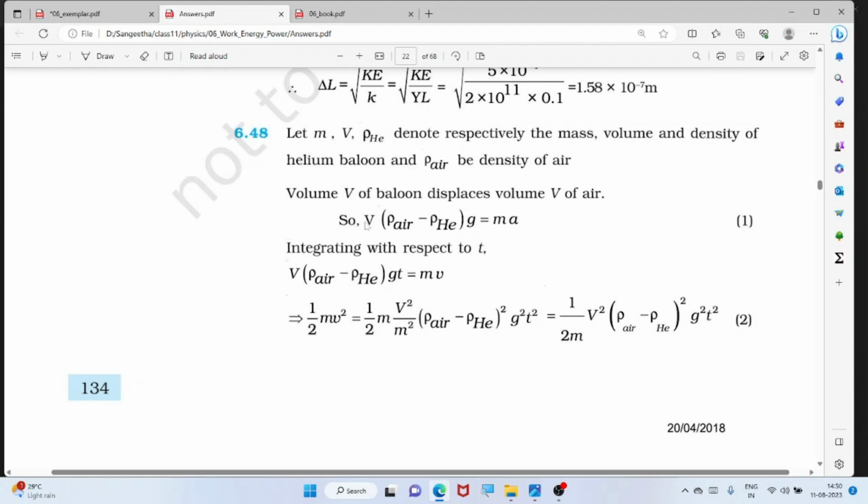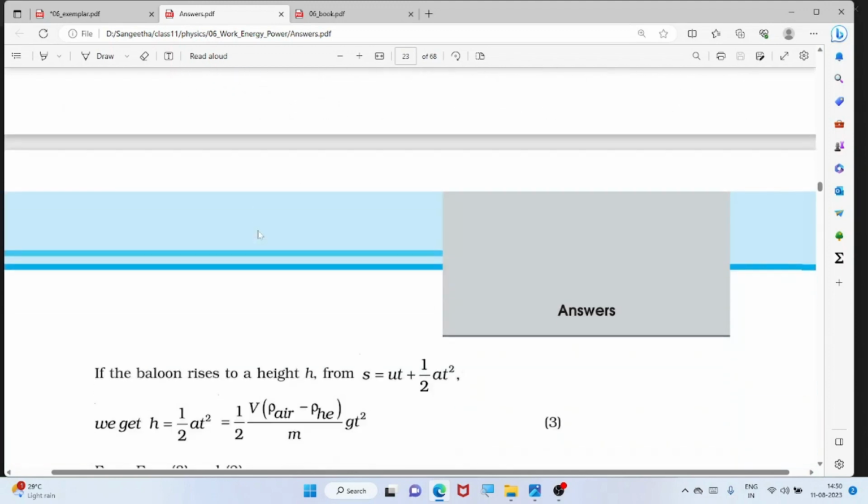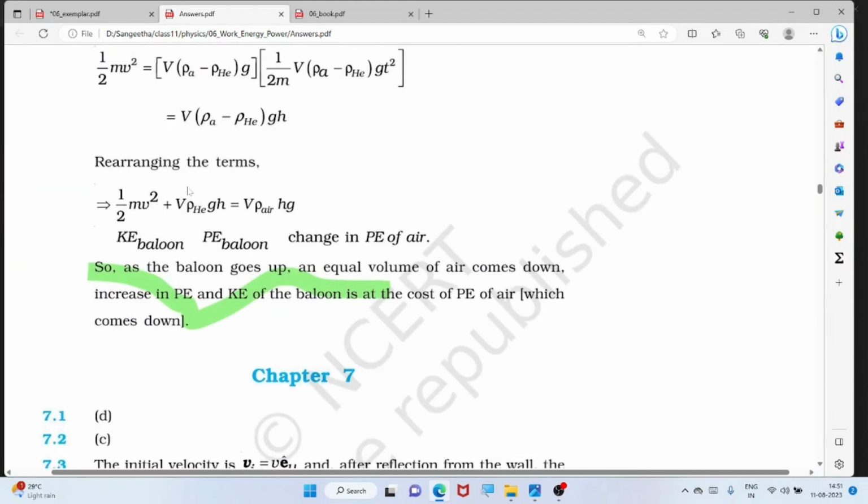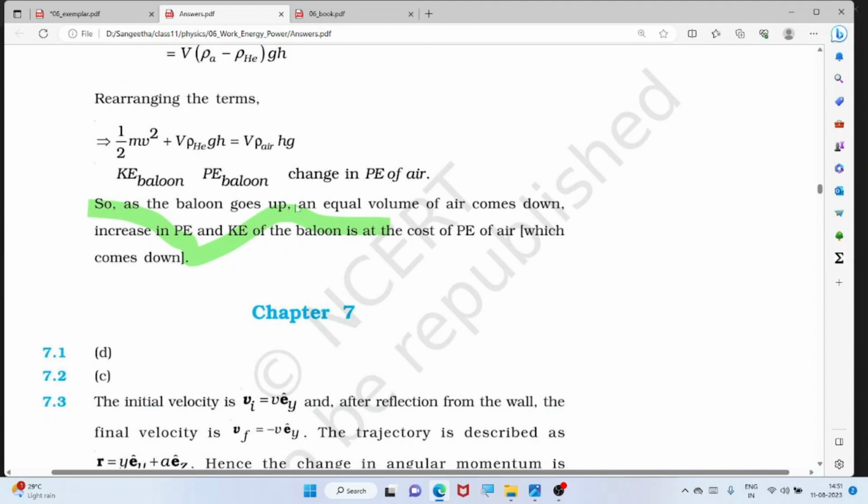The balloon displaces a volume of air. So you can go through it. As the balloon goes up, an equal volume of air comes down. It replaces the air. The increase in the potential and kinetic energy of the balloon is at the cost of the potential energy of the air which comes down.